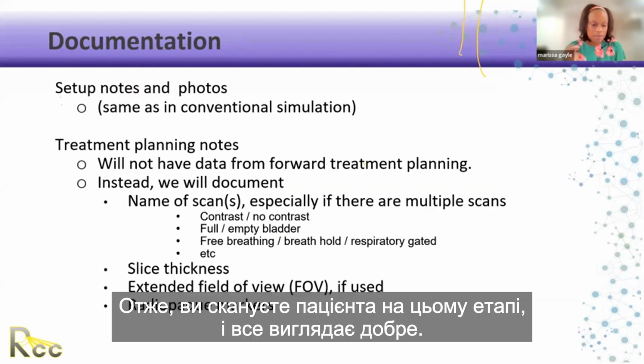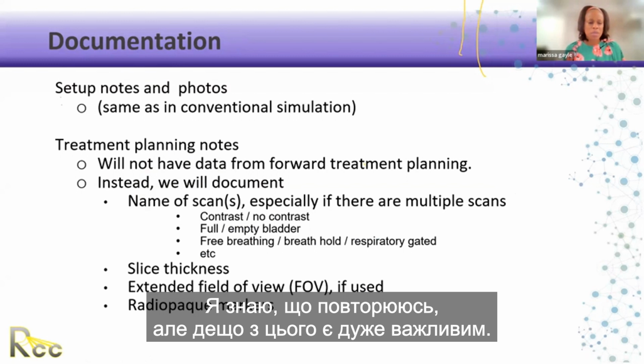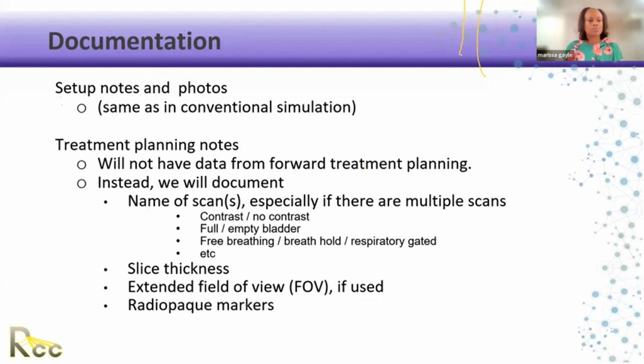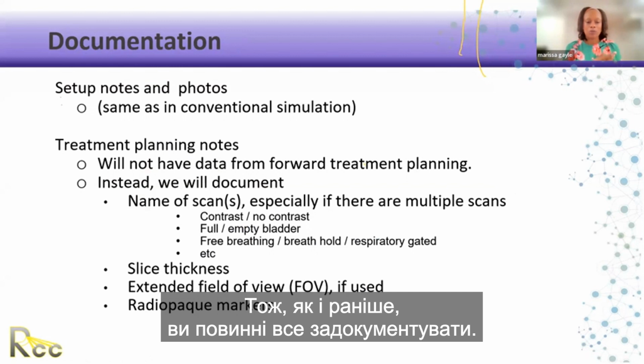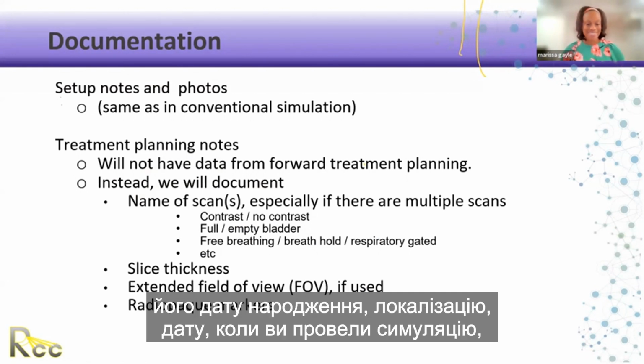So you've scanned the patient at this point and everything looks good. Now we're back to documentation. I know I've been repeating myself, but some of this is very important. Same as before, you're going to document everything: the name of the patient, their date of birth, the site, the date that you did the simulation.